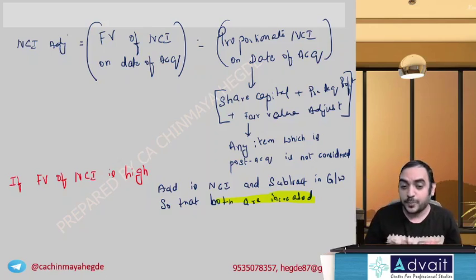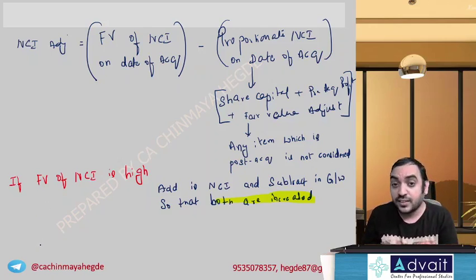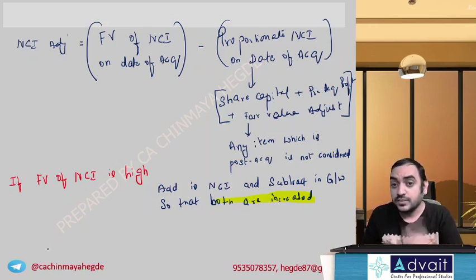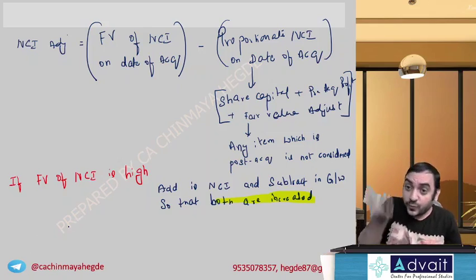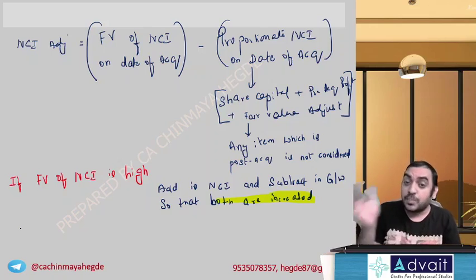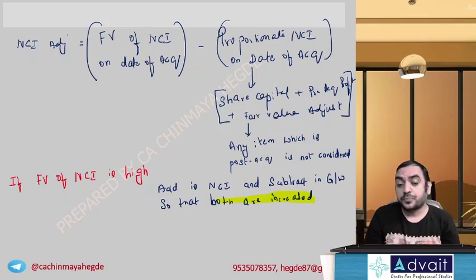Hope you are able to get it. It's a sentence: everything you lose in your life is not necessarily bad for you. You lose anger, you lose bad things, it is good for you. So when fair value of NCI is high, the NCI adjustment is added in the NCI column and subtracted in the goodwill column, so that both are increased.